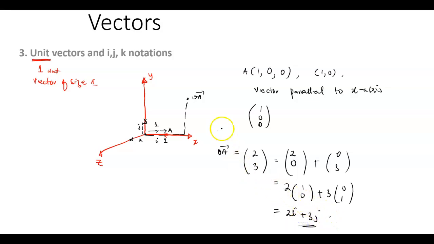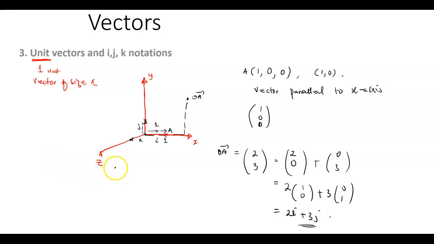Now, if I write this point in 3 dimensions, because it has 0 in the z dimension, it will be 2i plus 3j, still the same kind of vector, because it is 0 in the z dimension.